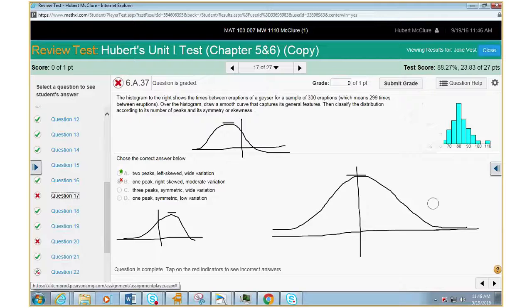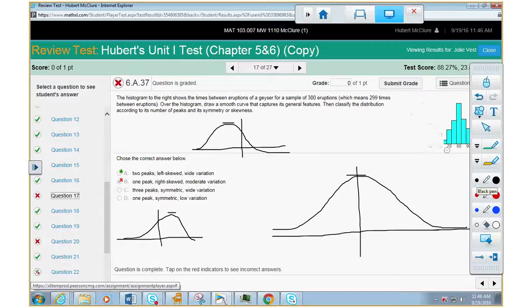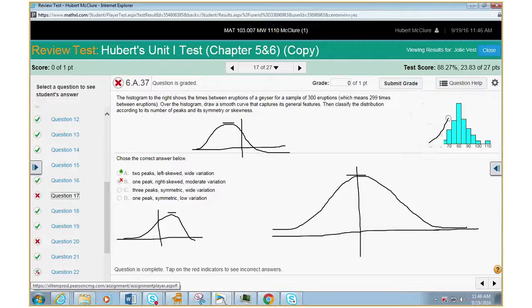If there's a bunch of variation, it's not normal. The only time you're going to see normal is when you take your pencil and you draw on the, not on the screen, please don't draw on the screen, but you see that hump and the middle is right here in the middle, then yes, it's either going to be a normal distribution or it's going to be skewed left, skewed right, something like that. Or it's going to be all over the place, and I don't know if they got one there. Yeah, wide variation, that's all over the place.